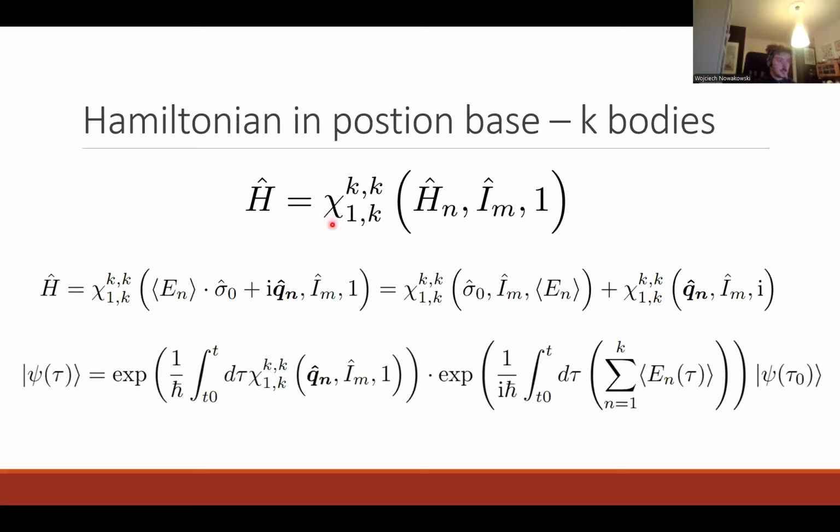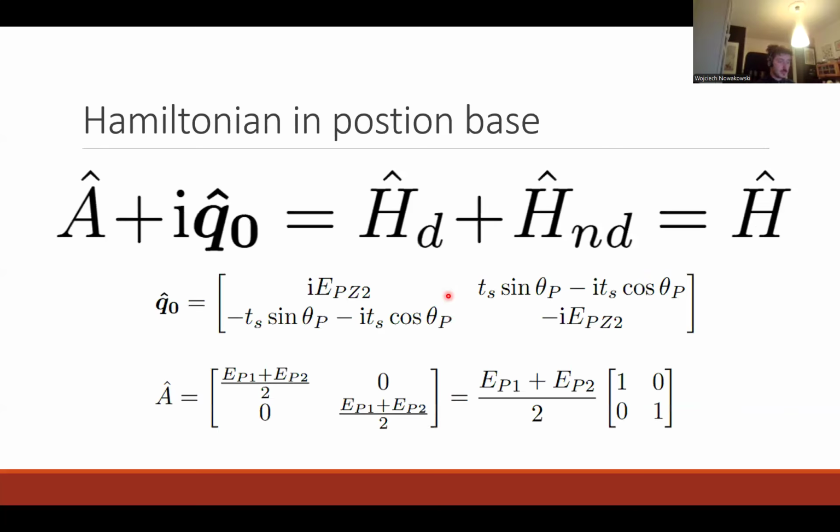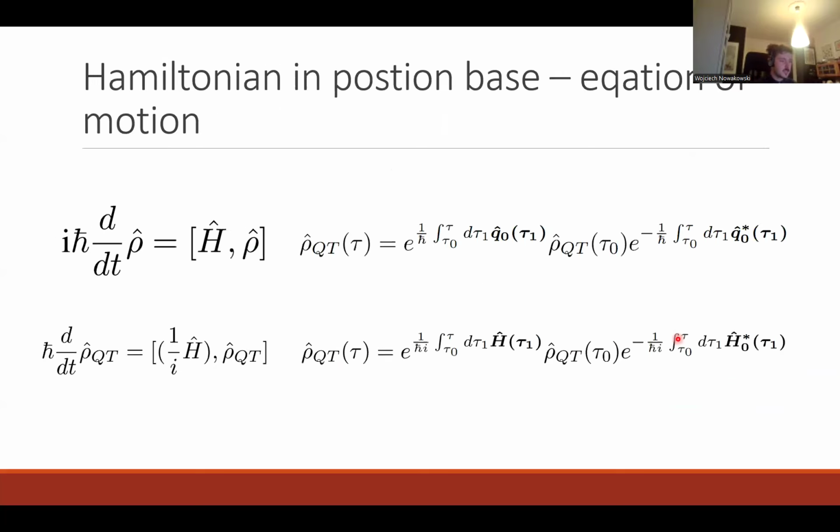To describe this set of particles, we use this double Kronecker sum, where Hn is the Hamiltonian of the particle in two possible positions, like it is shown here, and its form is like shown here.